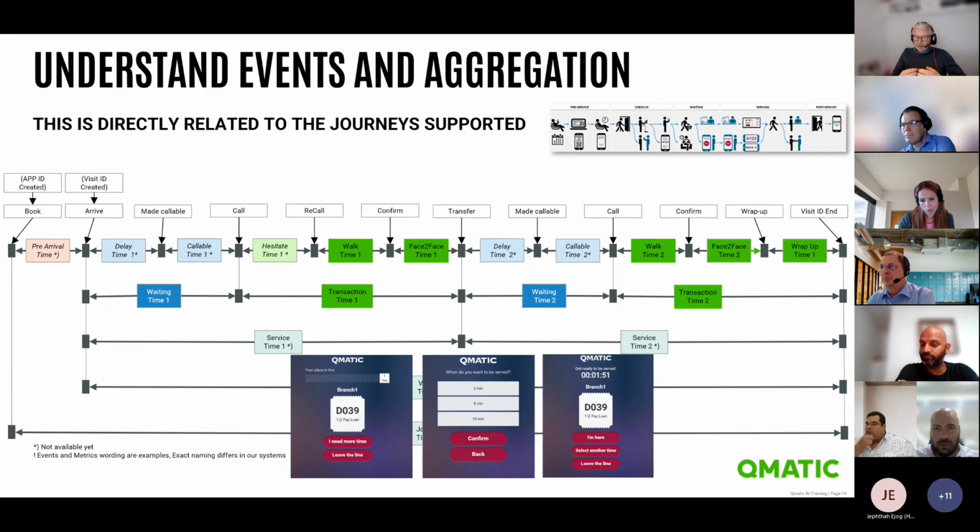But if you then would look at data, it would of course have an effect. Because if a customer says, I need 10 more minutes, what we actually do is we delay this customer for that time. So they're not callable for that time. It also means that if you look at waiting time, it's still measured from arrive till call.